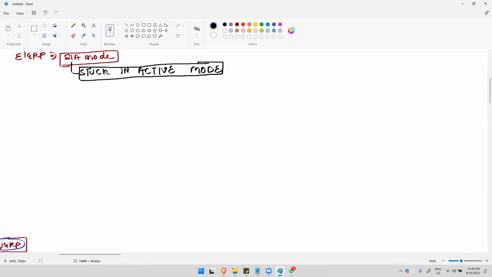And stuck in active mode will occur after how many seconds? 180. After 180 seconds. Any doubts, Sarath? No. Okay. Stuck in active mode is very important. Mostly students get confused in stuck in active mode, but we discuss it, no worry.